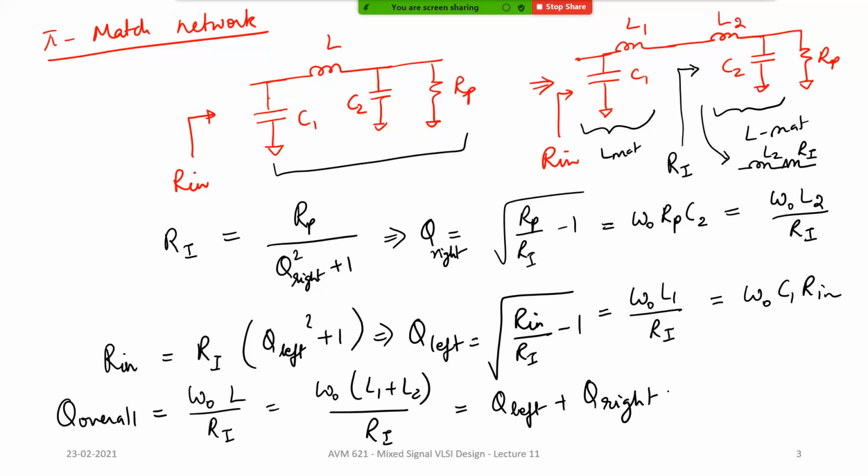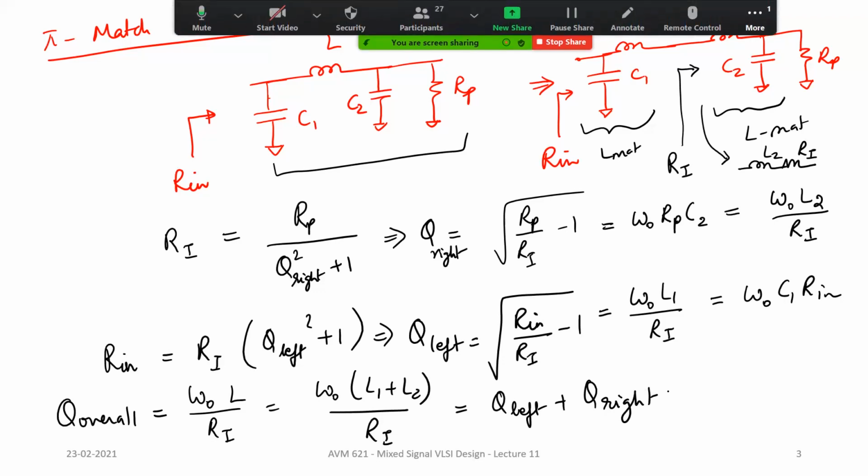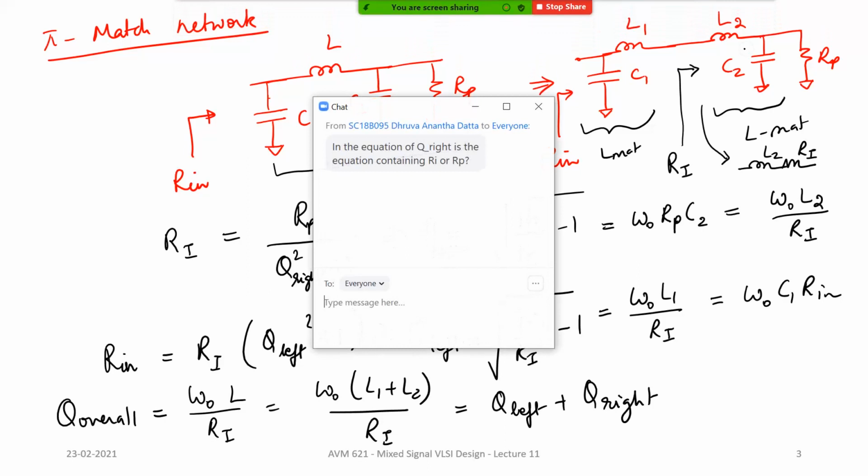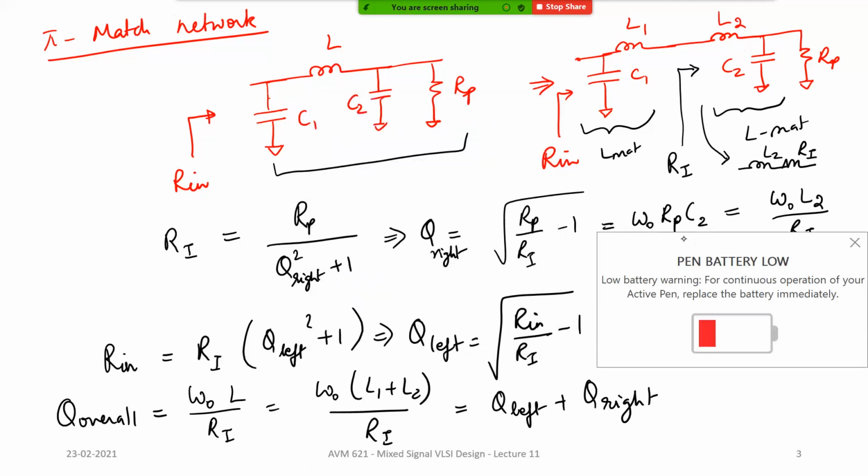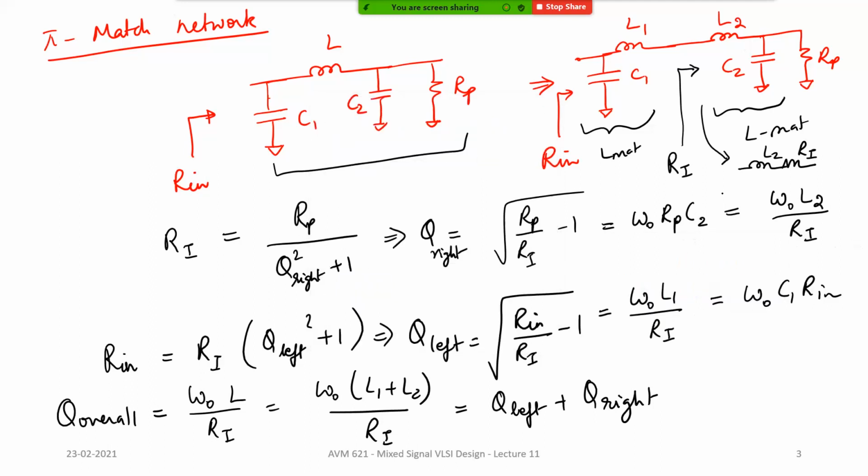Is this clear? Somebody had a question: in the equation of Q right, is it Ri or Rp? For the capacitor, it is C2 in parallel with Rp, and therefore it becomes omega naught Rp C2.